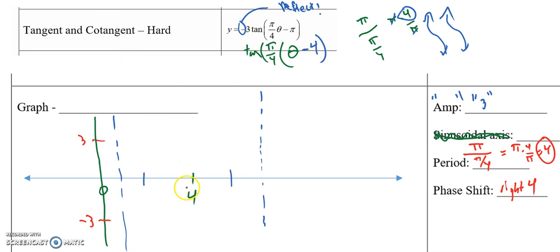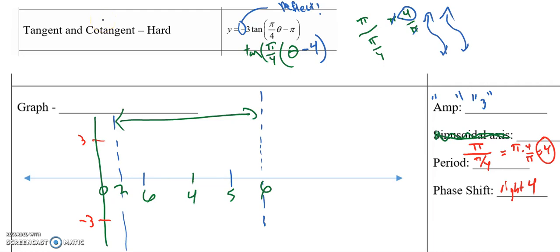Well, my entire period for tangent is between those two vertical asymptotes. So that means in this case that period is a total of 4 units, which means I'm going 2 units away from the middle of my period in the right direction and 2 units in the left direction. That also means that this is going to be a 5 and this is going to be a 6.